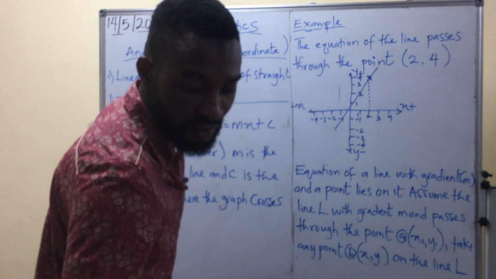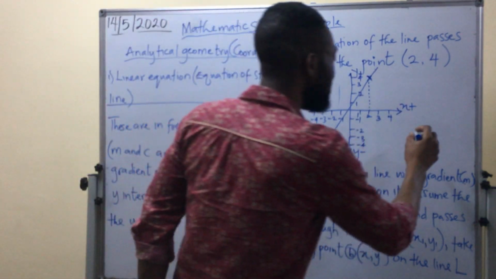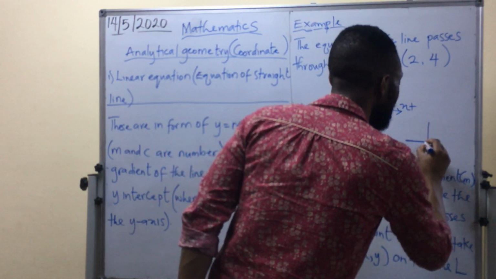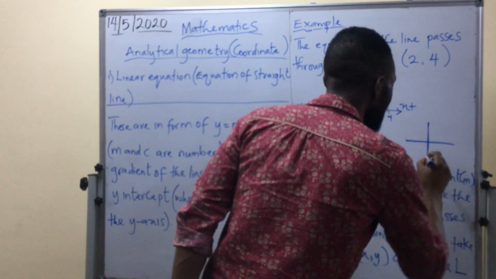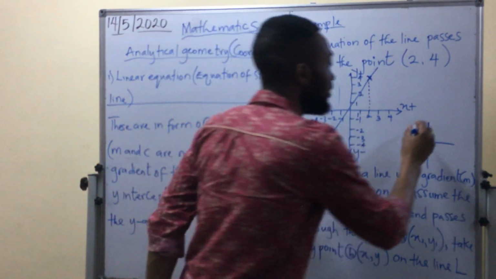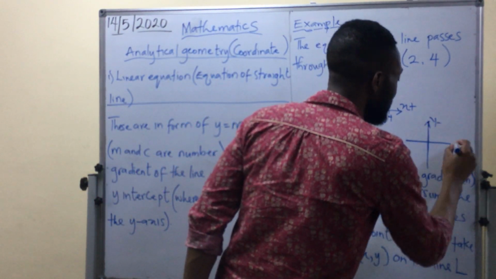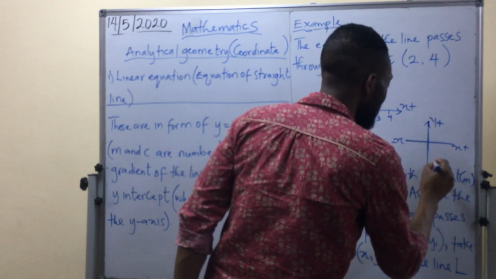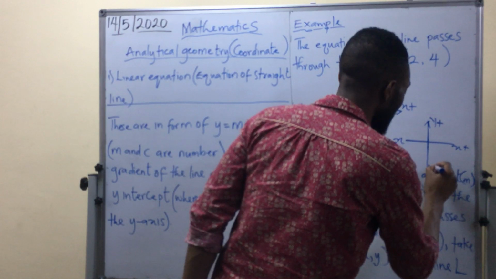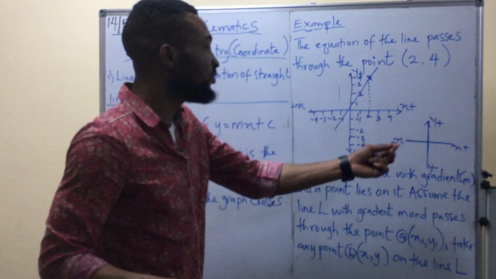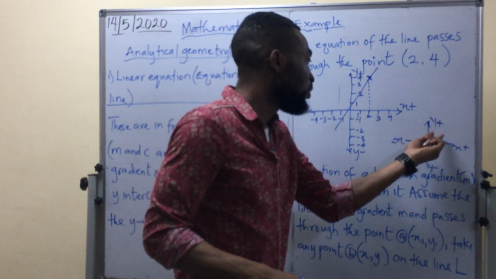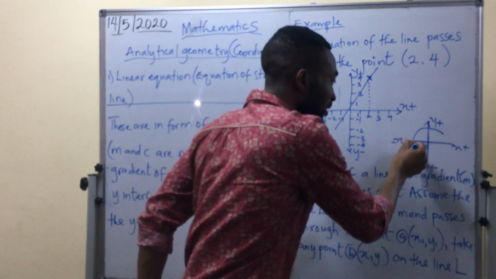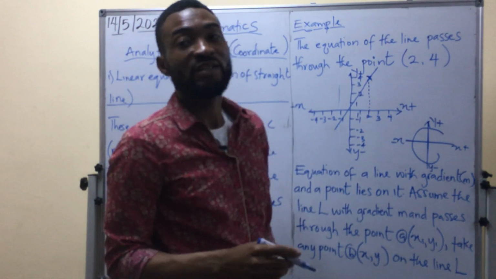Okay, let me make it here in our Cartesian plane. Here we have the y-axis and the x-axis, y plus, x minus, then y minus. So the quadrants start from here, anti-clockwise, like this.